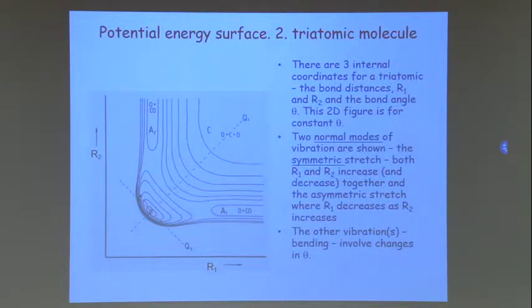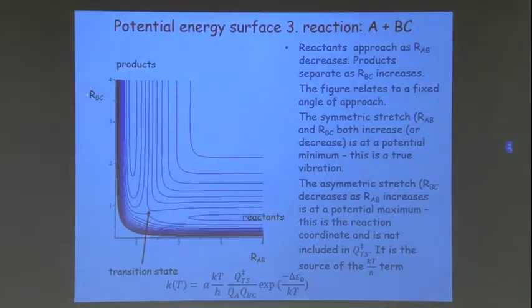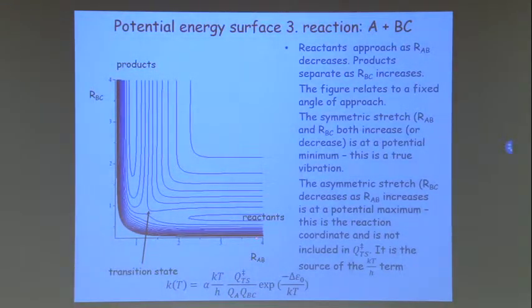And the other vibrations are bending vibrations, and we can't show them on this diagram because it's at a fixed angle. Okay, then what we did was to go and look at a schematic figure for a reaction. And this is a reaction between A and BC. So these are the reactants, and this is the AB bond distance.